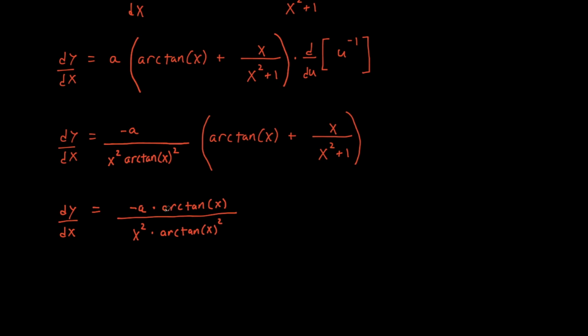Then this arctangent can cross out with one of these, so let's just do that right off the bat. So only the one arctangent was left in the denominator.